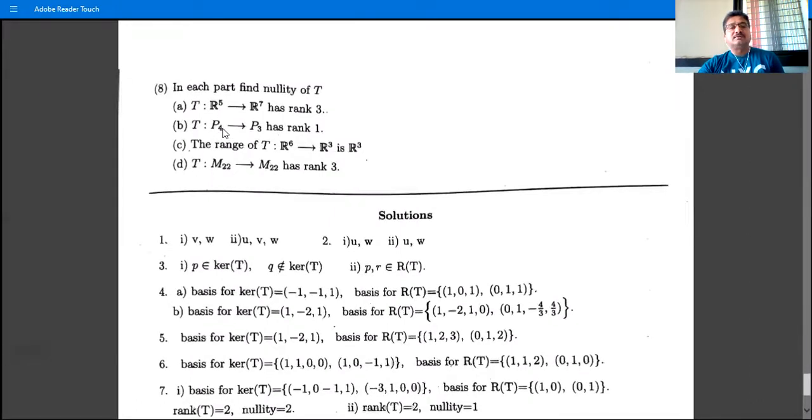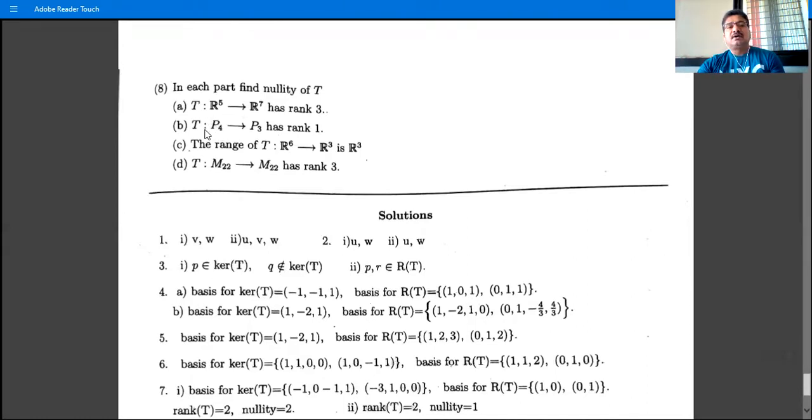It is not 4. Because what is the standard basis for P4? It is 1, x, x square, x cube, x raised to 4. That is the set of all polynomials of degree less than or equal to 4. These are 5 elements, so the dimension of P4 is 5.